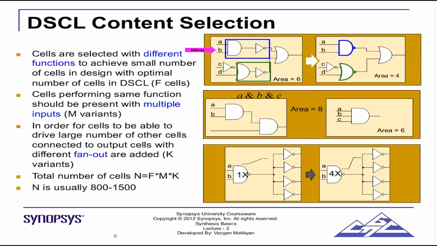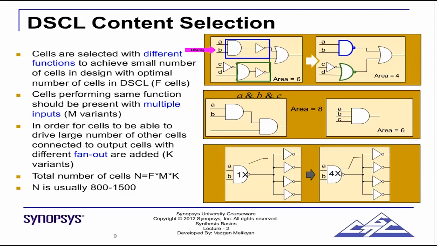But there are a lot of cases where 4-input NAND, 4-input AND, 3-input XOR, 3-input OR, 3-input NOR are used a lot of times by the tool. So you should give the tool enough flexibility. So we should also have 2-input, 3-input, 4-input variants for a particular function.